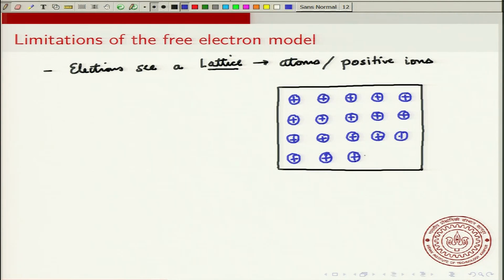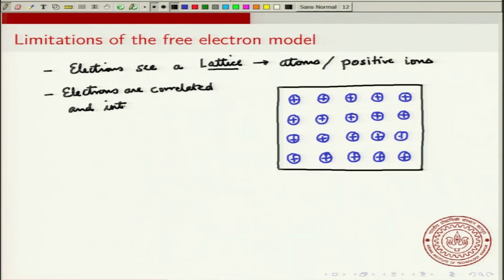The second point is slightly more subtle, that electrons are correlated, and they interact. That means, since all the valence electrons are moving around this crystal, they will see each other.